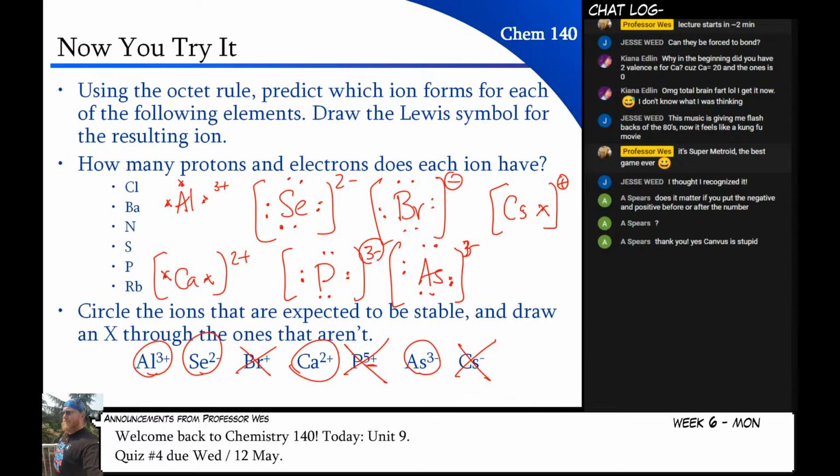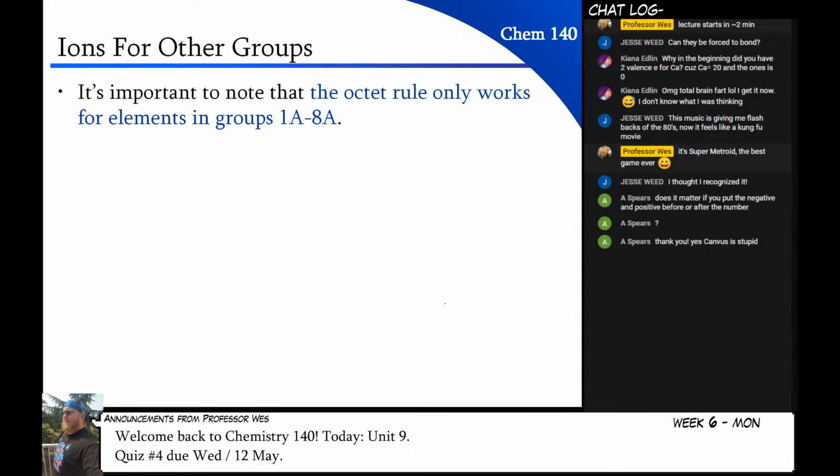All right, so the last thing we're going to do for this section is I'm going to put this note up here that the octet rule that we've been following for this only really works for main group elements, and what that means is it says groups 1A through 8A, and this is where the A notation comes in. That's actually handy. And so this translates to groups 1 and 2 and 13 through 18.